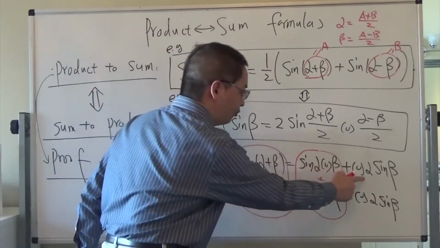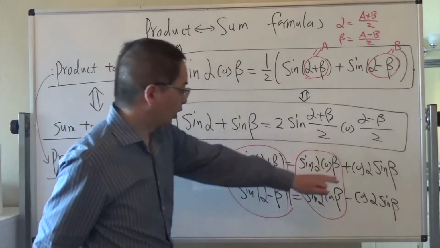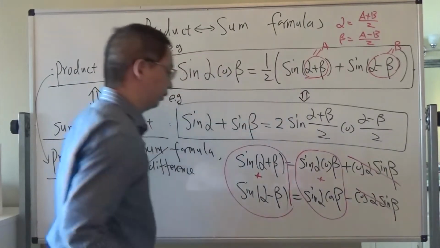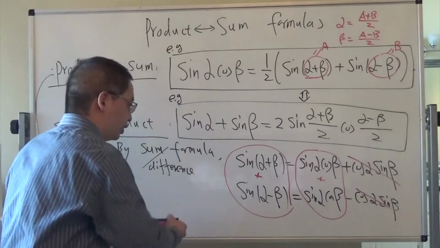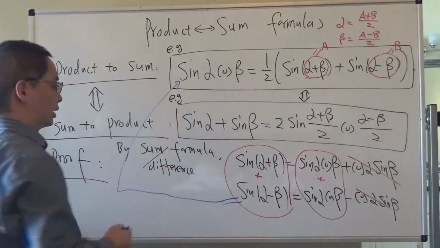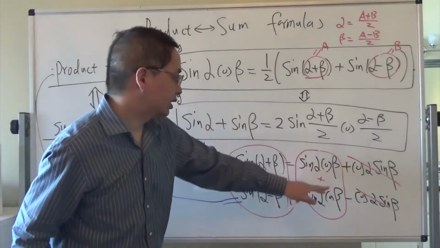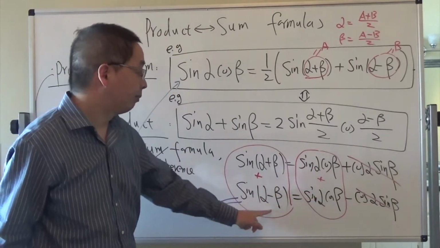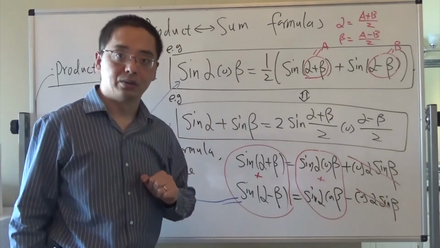But for cosine alpha sine beta, I get plus and minus, so they cancel each other. From here we immediately deduce the product to sum formula: two copies of sine alpha cosine beta equals sine(alpha plus beta) plus sine(alpha minus beta). Then you divide by 2.